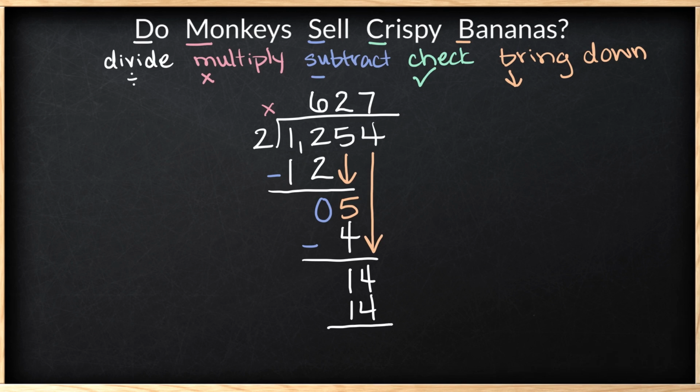Next, I do my subtraction, and 14 minus 14 is 0. I check my work, and I know that 2 cannot go into 0. Then I look, is there anything else left to bring down? Nope, that means I am done.